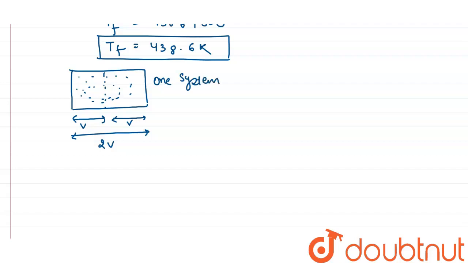Now for this system, the total number of moles N_T is equal to N1, the number of moles for vessel 1, plus N2, and this is 2 moles because N1 is 1 and N2 is 1. After mixing the gas, our T final is the temperature of the mixture.